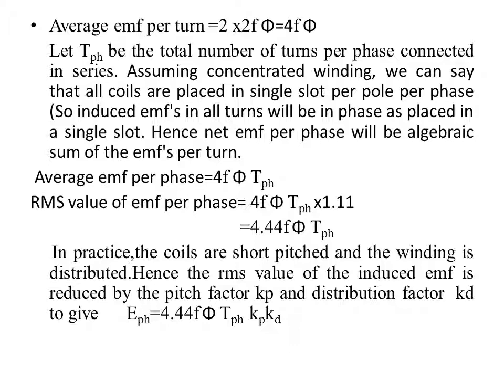Practically, coils are short pitched and windings are distributed, so the RMS value of the induced EMF is reduced by the pitch factor Kp and distribution factor Kd. So E_ph, the RMS EMF per phase, is equal to 4.44 f phi T_ph Kp Kd. This is the final equation of the alternator.